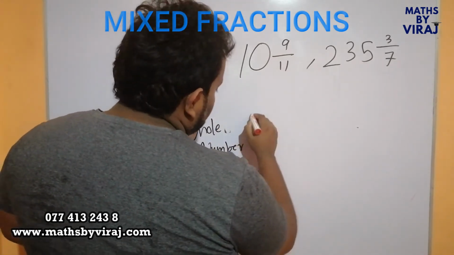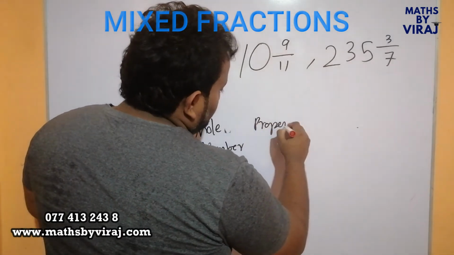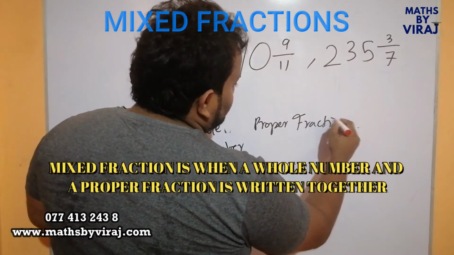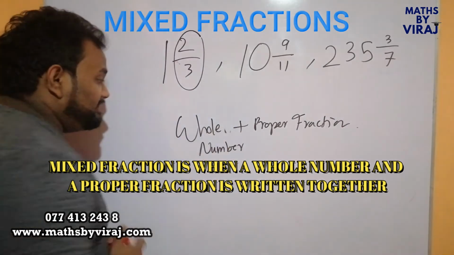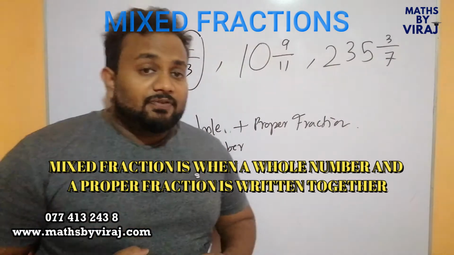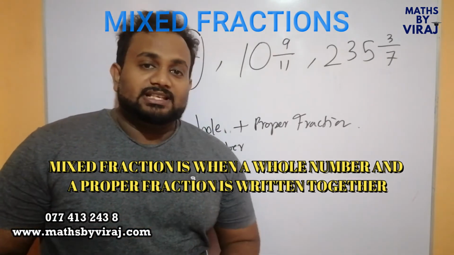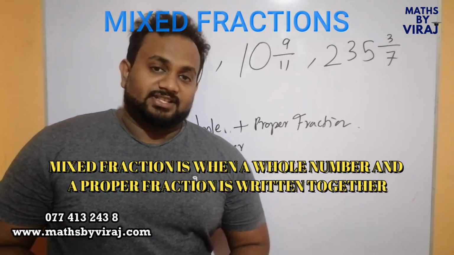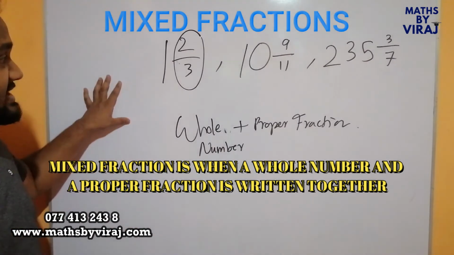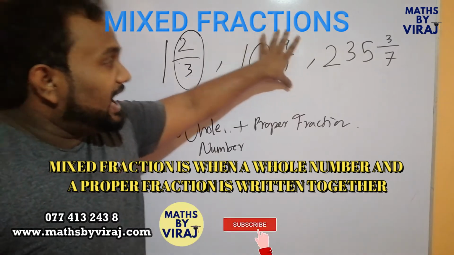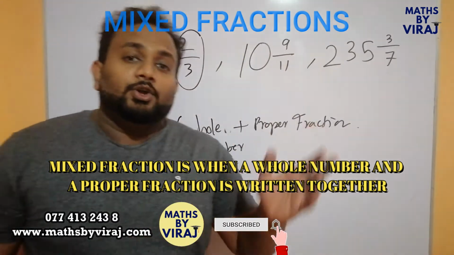When we have a whole number and a proper fraction together, we call this a mixed fraction. A mixed fraction is an instance where there is a whole number and a proper fraction together.